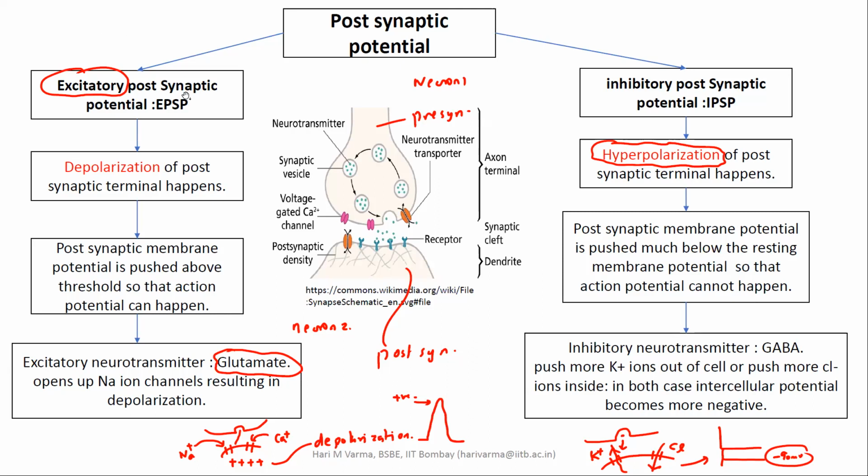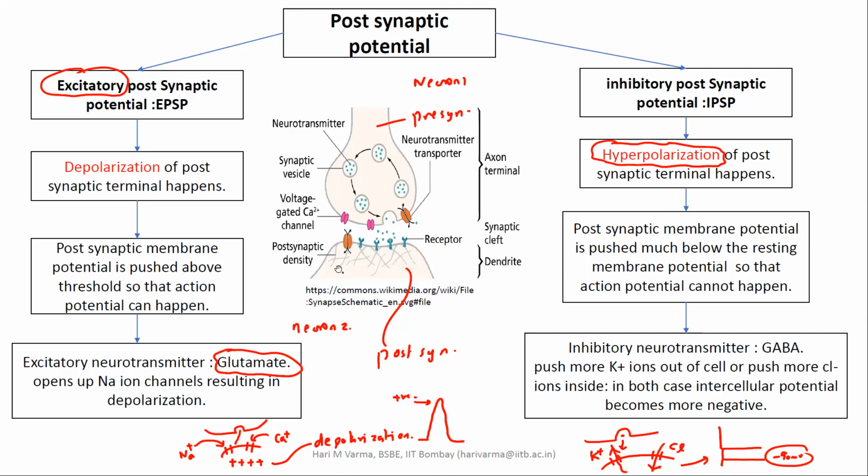One is excitatory postsynaptic potential. So excitatory postsynaptic potential means that if my neurotransmitter is of an excitatory nature, then when such a neurotransmitter gets attached to the dendrite of the next neuron, essentially it will initiate either the sodium channels to open, so that a lot of sodium will go inside the next neuron, or it can also initiate a lot of calcium ions to go.